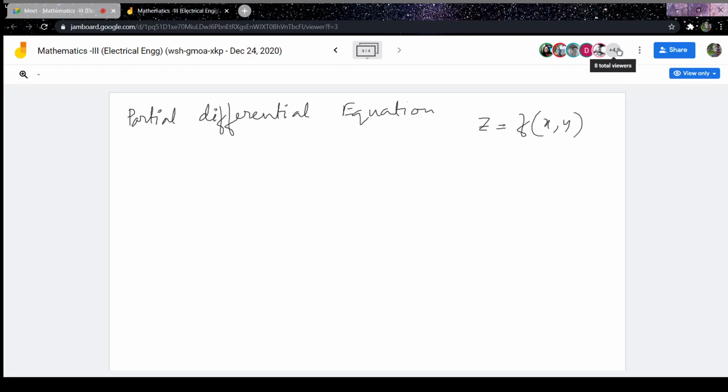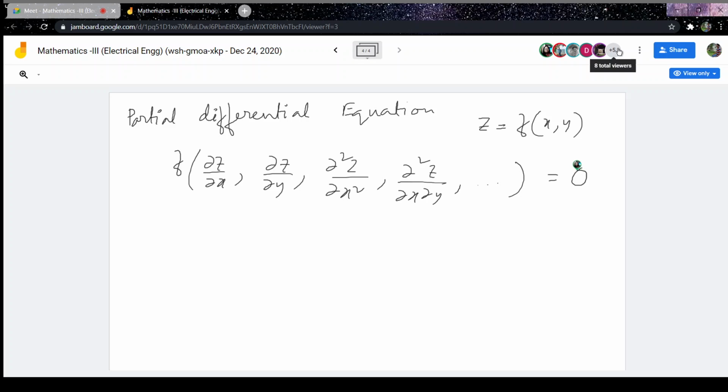Then your partial differential equation will definitely have the derivatives with respect to both x and y. So this is a very general form.